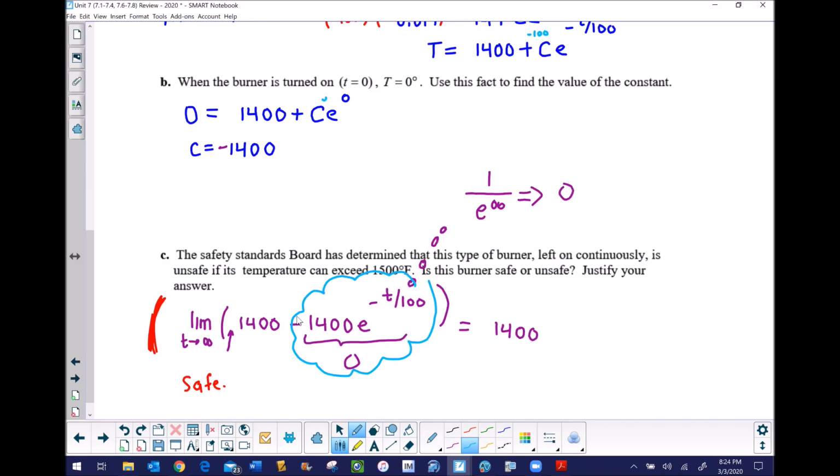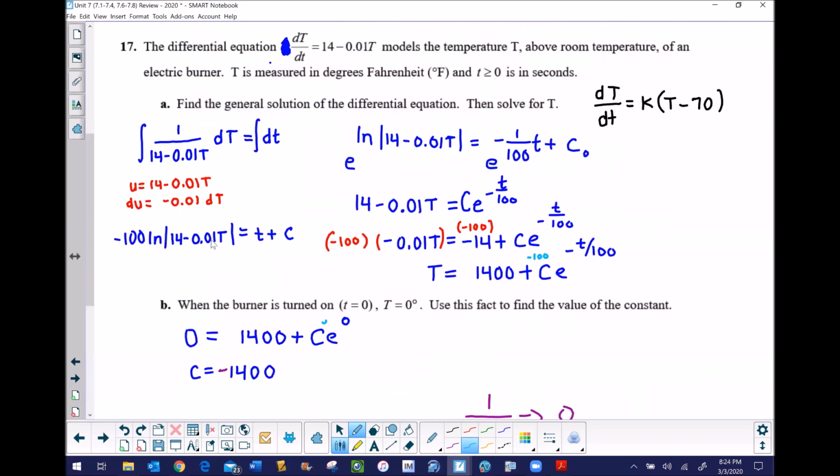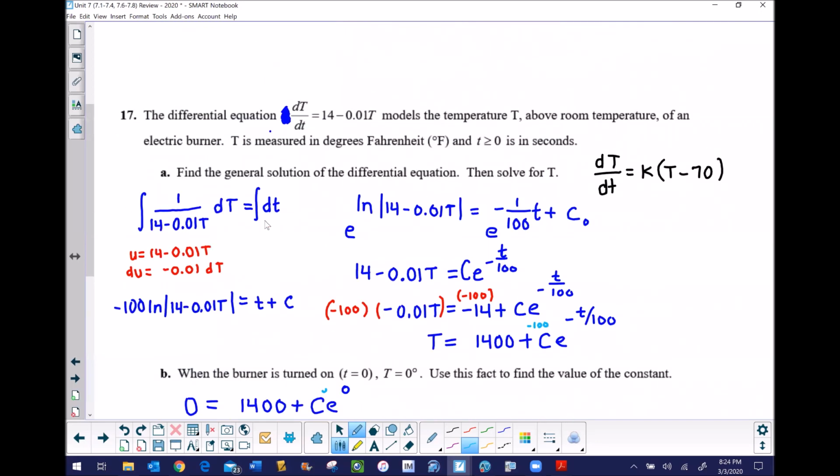A little bit of AP Calculus history here. This question used to be on my exam, and it was on my exam for years. And when I say years, guys, I'm talking probably about the time before you guys were born up until maybe shortly after you were in elementary school.